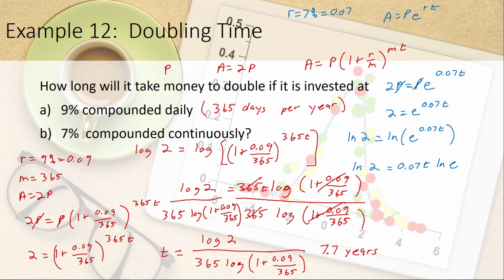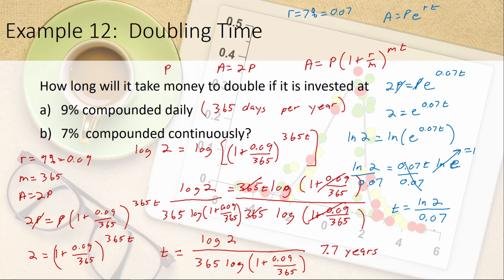Okay, well, the natural log of e is just simply 1. Okay, and that means we have the natural log of 2 is equal to 0.07 times t. So I can divide both sides by 0.07. These cancel, and I will have that t is equal to the natural log of 2 divided by 0.07.